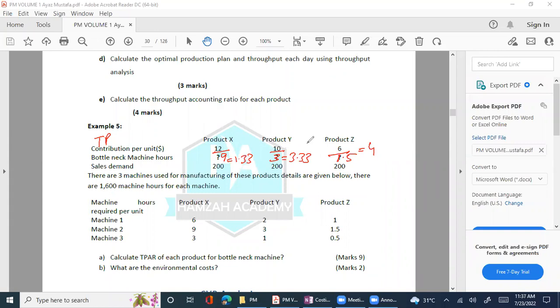Is it clear? The information provided was such that we can only calculate the throughput per hour. We cannot calculate the throughput accounting ratio.